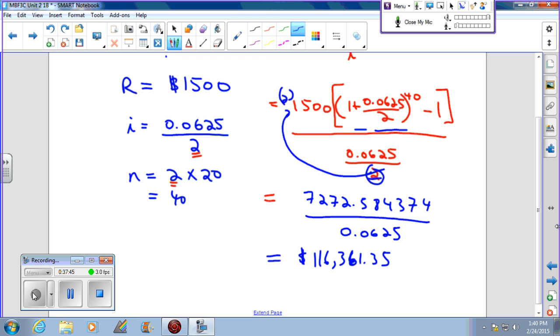All the numbers are the same except that I used a different formula. It's quite a different answer, isn't it? Let's take a look here. A, annuity formula. Oh, whoops. Yeah, I did use the wrong formula.